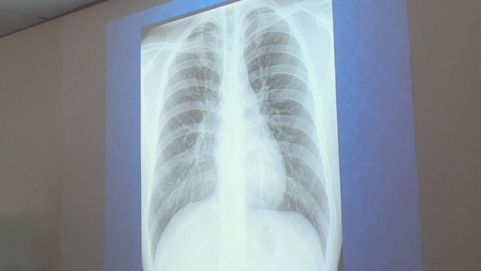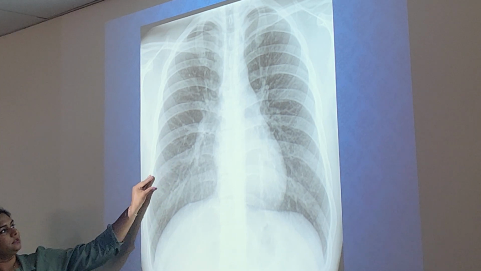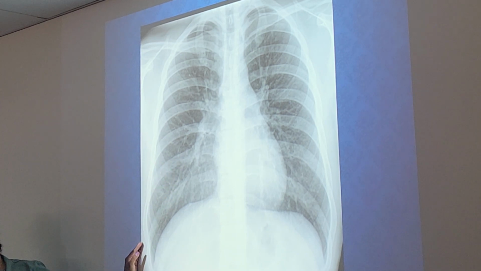PA ribs are kind of horizontal than AP. Mr. Fong said on AP projections, the ribs tend to be more horizontal, right? Both back and front.